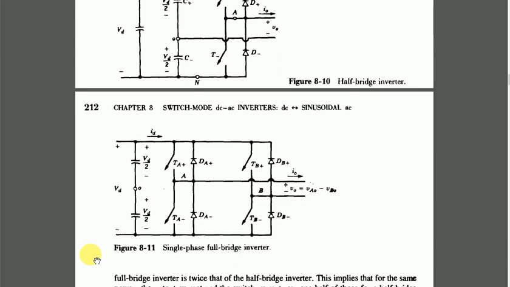Since that same current which is being provided to the load is passing through these switching elements, that makes the switching elements of relatively lower rating as compared to the ones that we'll have to use in the case of a half bridge inverter circuit.